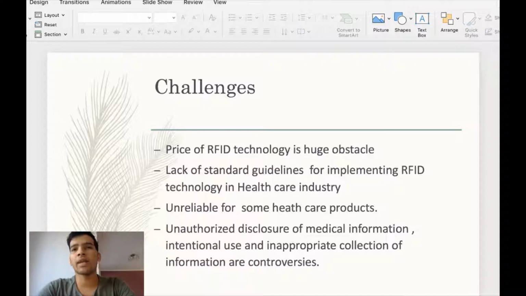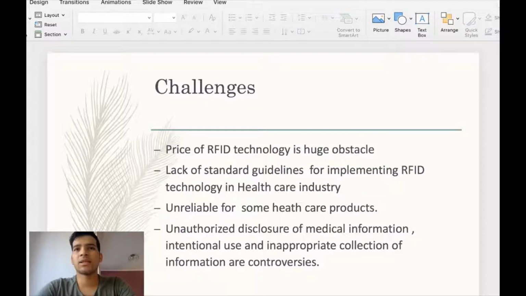The ISO and EPC organizations have introduced a set of standard guidelines for implementing RFID technology in different industries, but it lacks them for the healthcare industry. It results in a lack of industrial standards in hospitals and the healthcare industry.